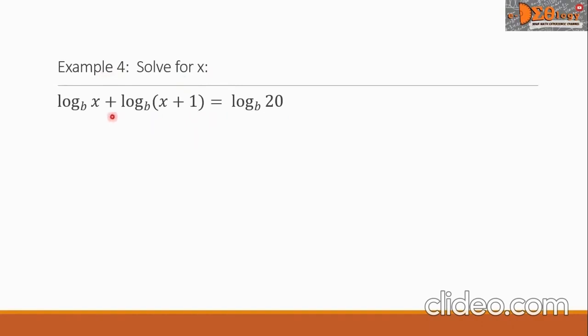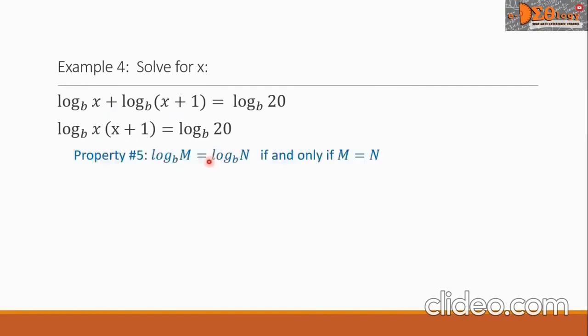This positive sign denotes product for the x and the x plus 1, so we will combine them. So we have now the log of the product x times x plus 1 to the base b equals, the right side is still the same, the log of 20 to base b.